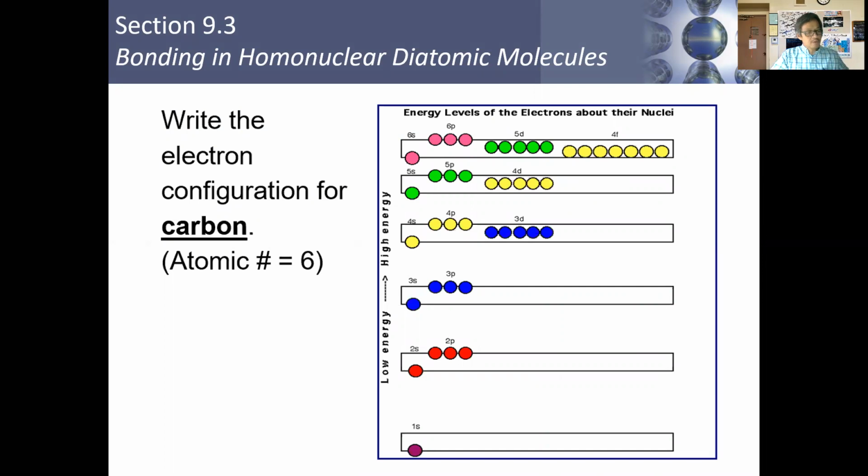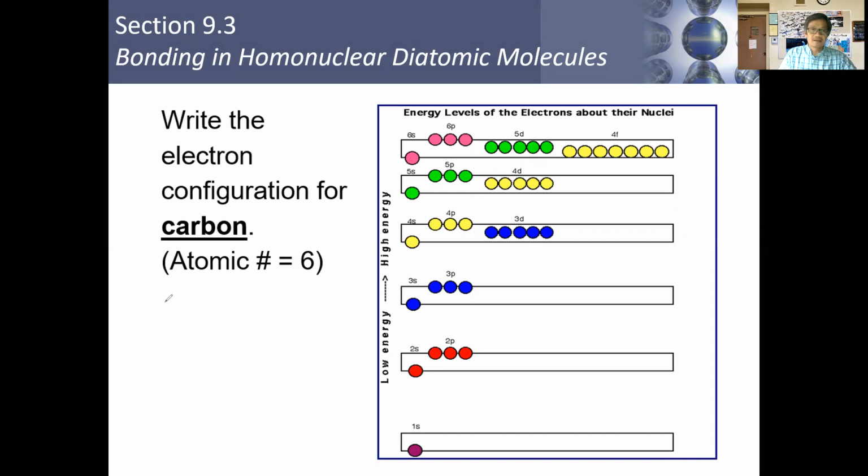When we write out the electron configurations for the molecules, we're essentially going to be filling in atomic and molecular orbitals, which is essentially what I did for the folks in my chemistry classes last year. I gave them this diagram, which gives the energy levels for the different atomic orbitals. And what we did then is we figured out how many electrons carbon has.